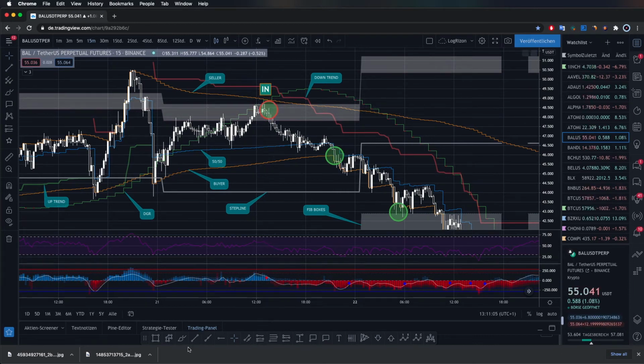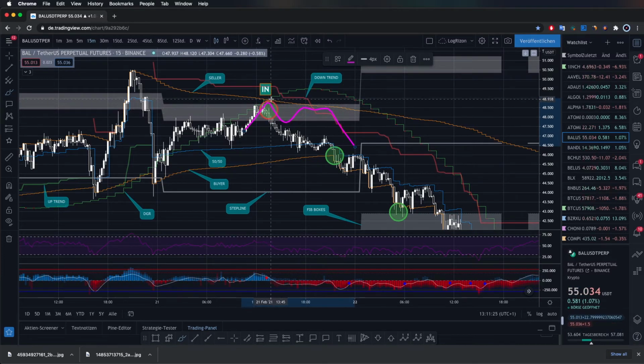If it would go more like this, and maybe then this, and then go down, I would for sure make a next position over here and would make a bigger position over here, because it's confirming this seller's line.